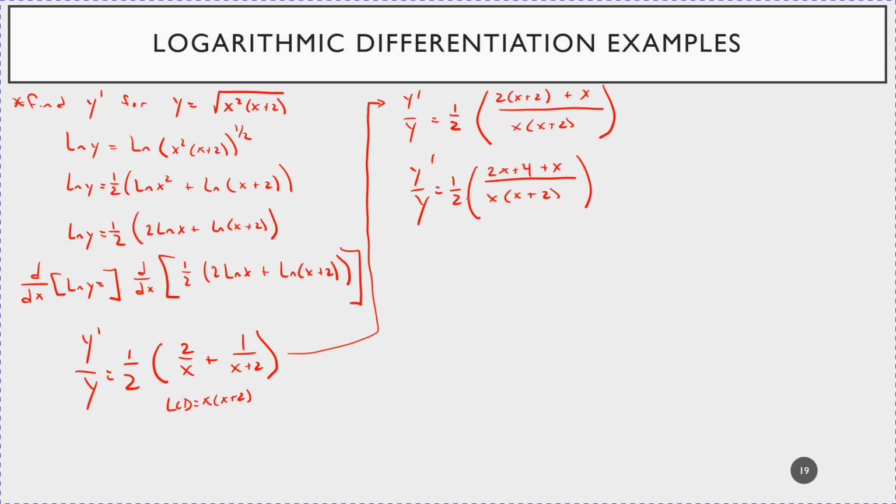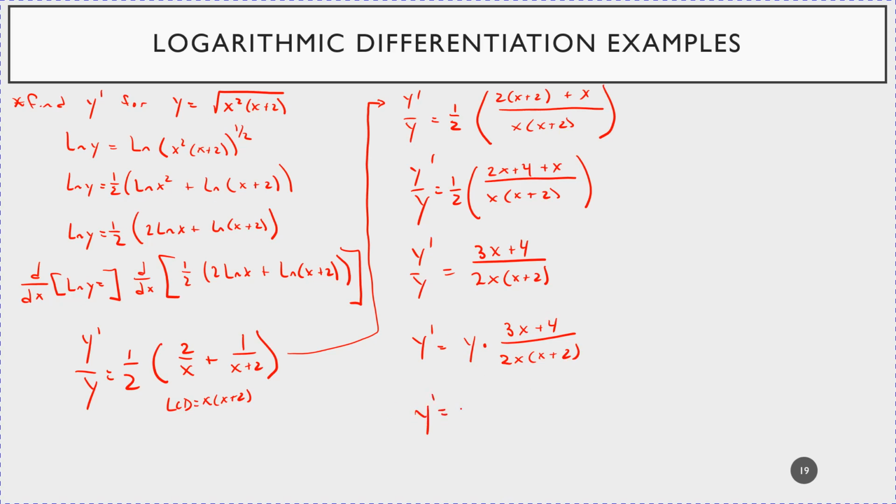So now I'm just going to multiply the 2 into the bottom. So y prime over y is equal to 3x plus 4 all over, now this 2 gets multiplied in here, that's why I kept it out the entire time, 2x times x plus 2. Now multiply by y, so y prime is equal to y times 3x plus 4 all over 2x times x plus 2. And then again, just the final step, substitute in for y.